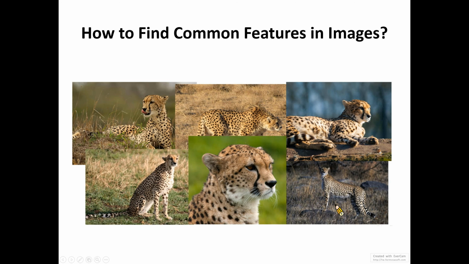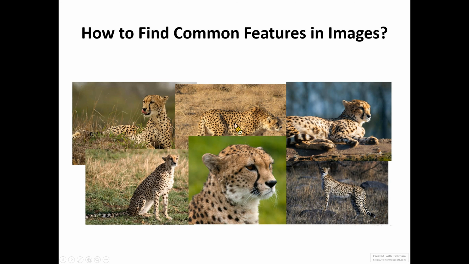Okay, so they have different postures and different locations to be captured by our camera. So maybe the common feature in these images is those black and brown color patterns.